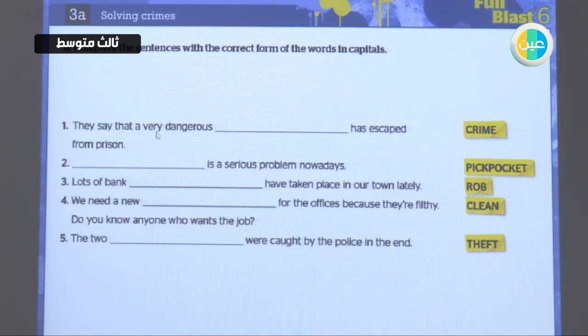They say that a very dangerous has escaped from prison. So what do you think the correct word will be? Dangerous what? Dangerous who? So the correct answer, criminal. Number 2, is the serious problem nowadays. What is the serious problem nowadays? Pickpocketing. Lots of banks have taken place in our town lately.